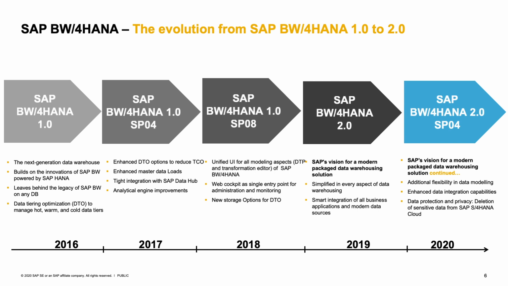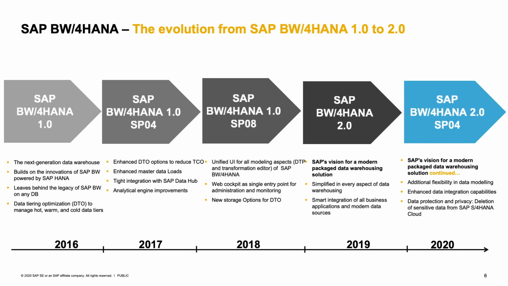What we also did, especially with support package 8, is invest a lot in the UI, and this was a continuous investment. From a development and administration perspective, we really tried our best to simplify the UIs of both, to make life easier for administrators, for developers, and so on.